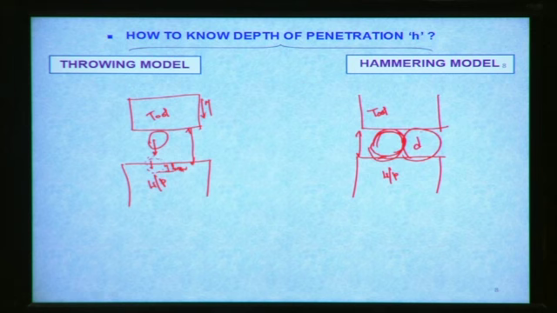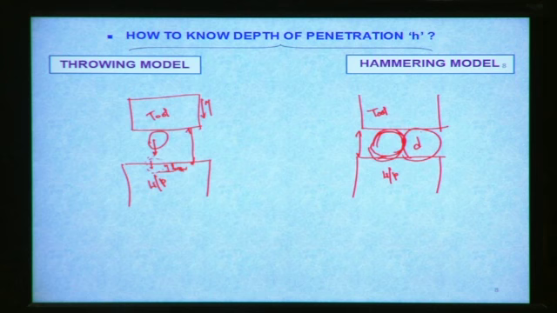So here the tool is in contact with the abrasive particle, and the abrasive particle is in contact with the workpiece surface. In this case, the tool is every time in touch with the abrasive particles.